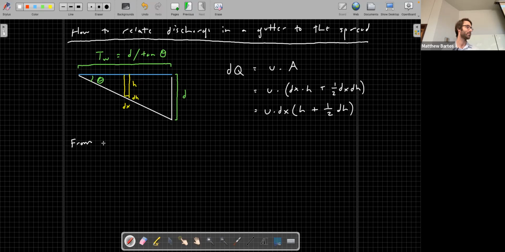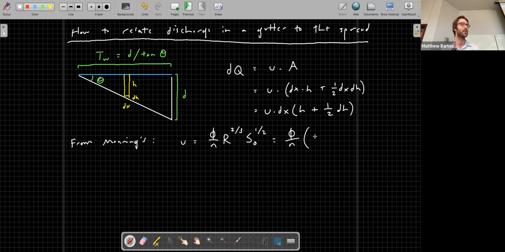From Manning's equation, we have that the velocity is equal to phi over n times the hydraulic radius to the 2/3 power times the longitudinal slope to the 1/2 power. We can rewrite this as phi over n.